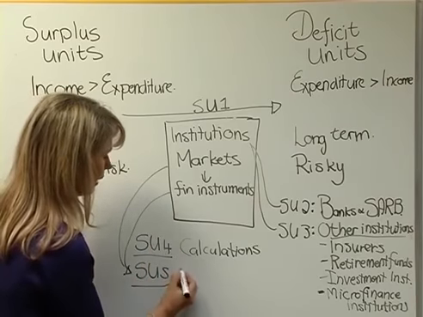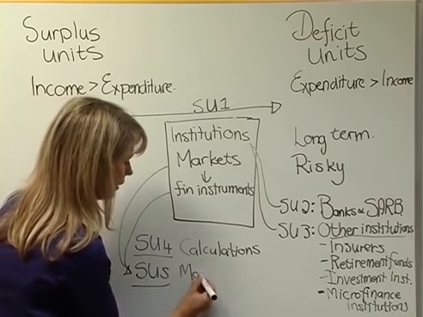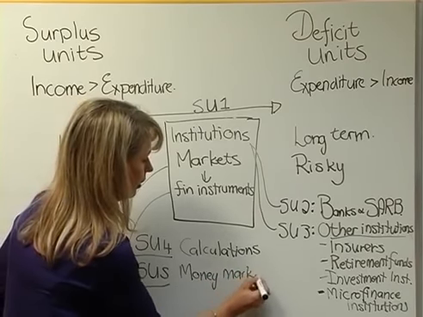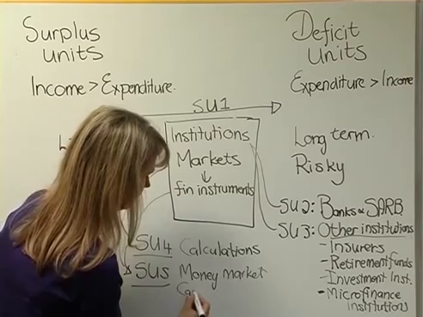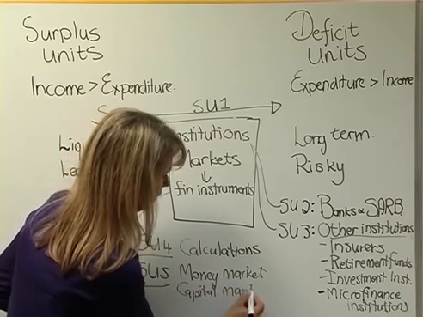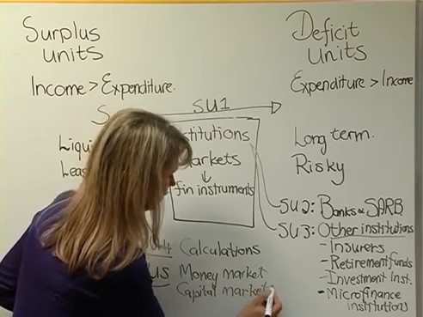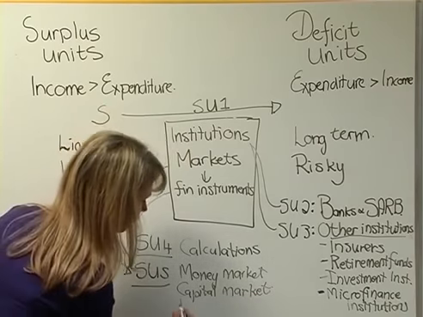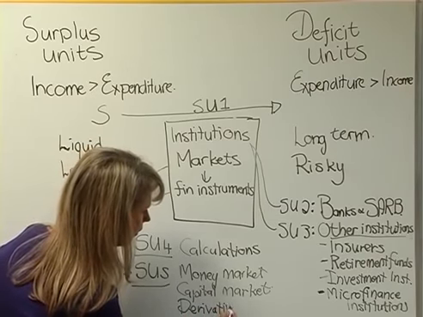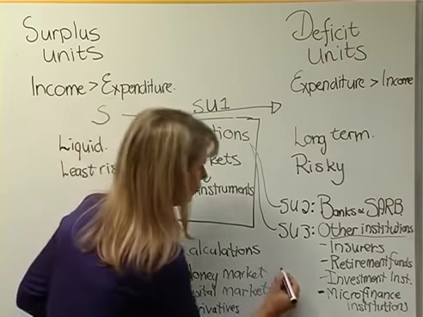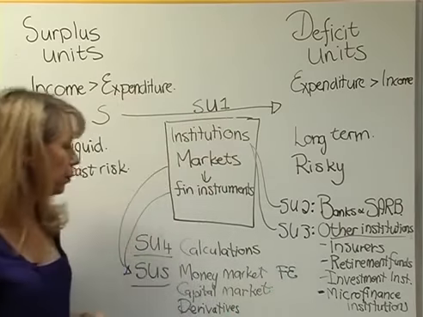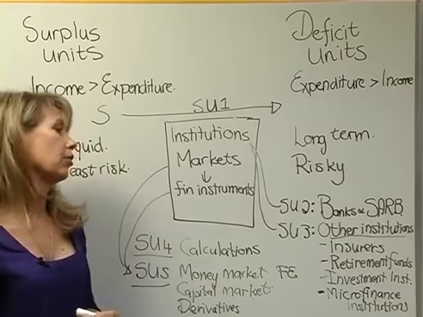We're going to look at the money market, the capital market, the derivatives market very briefly, the foreign exchange market, and then also briefly the commodities market.